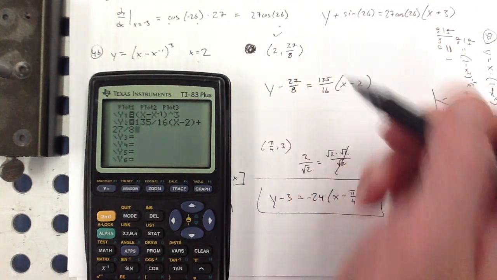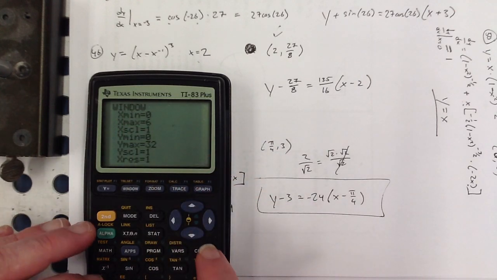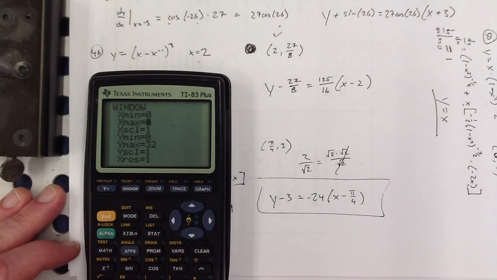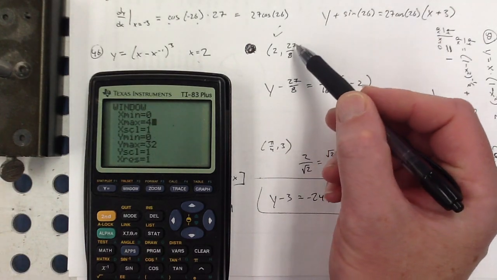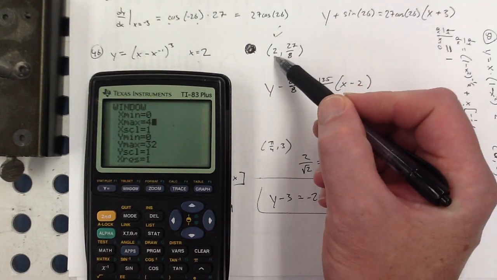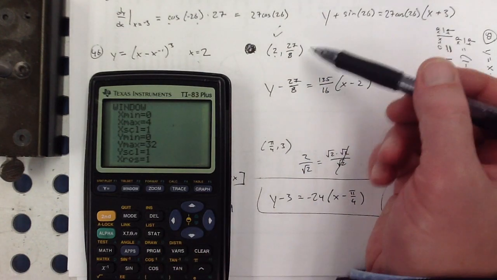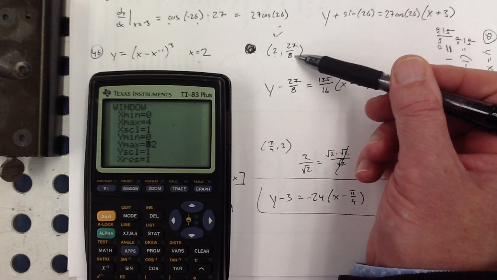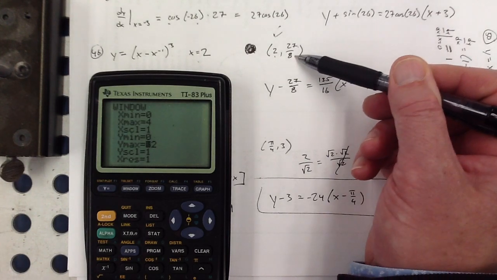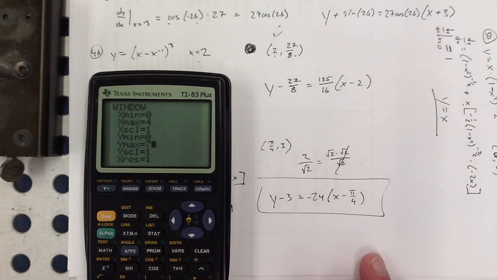If my x-coordinate is 2, then 0 to 6, that's fine. If I really want it to be right in the middle, you go 0 to 4. And then if I double this, just like I doubled this to get my max, doubling this would be 27 over 4. And 27 over 4, well, 28 over 4 is 7. So how about I go up to 7? Something like that. That should do.